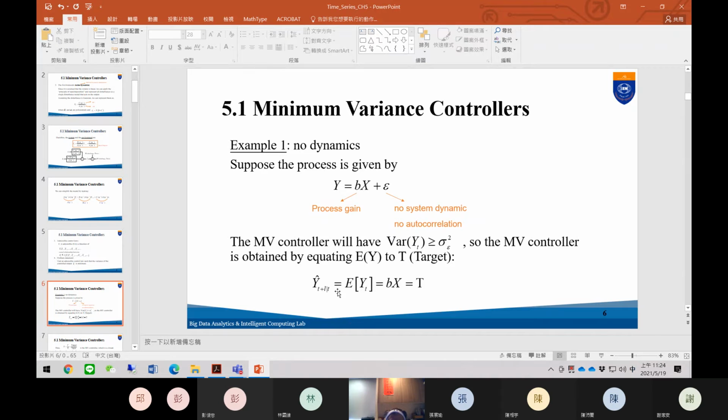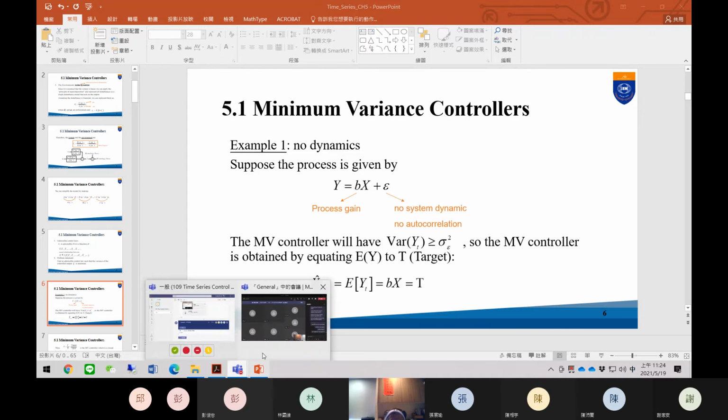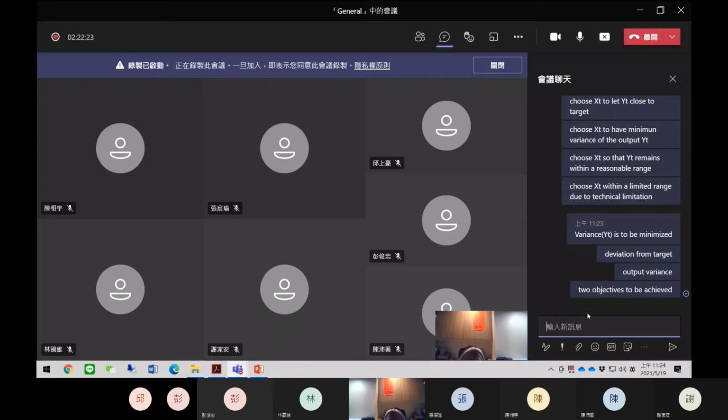So take the expected value. This is the L step ahead. Standing at time t, we are projecting L periods ahead. This is the L period ahead forecast.